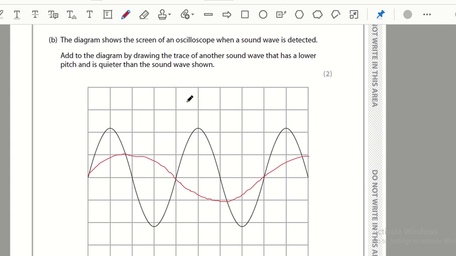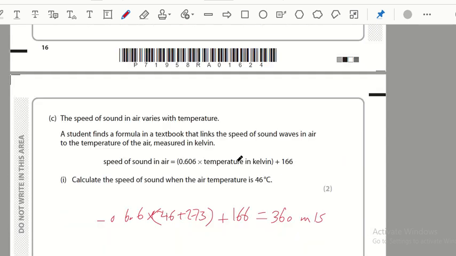Quieter means the amplitude is less, so I drew the wave such that its amplitude is less than the original one. And lower pitch means lower frequency, so I drew it such that when the original wave finishes, the new one has completed just half a wave.